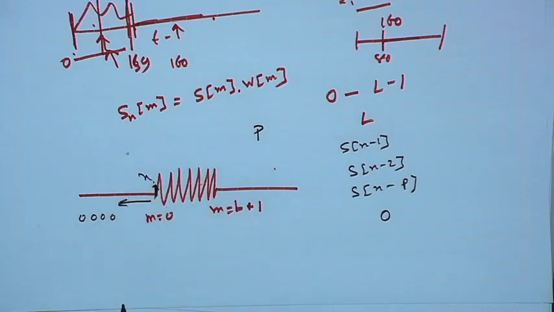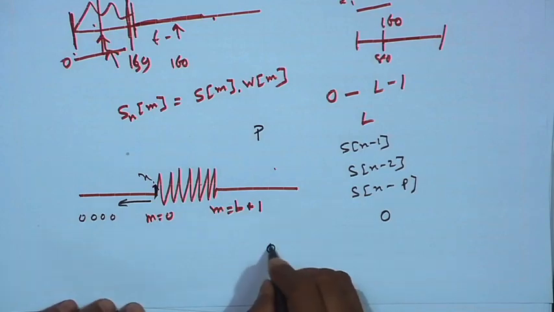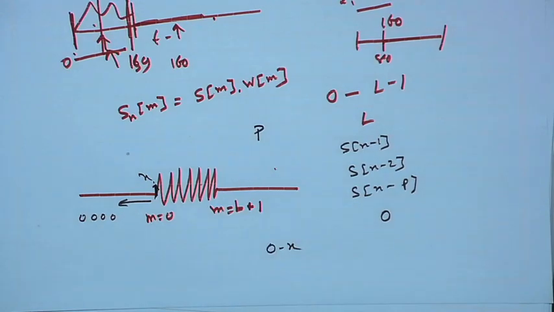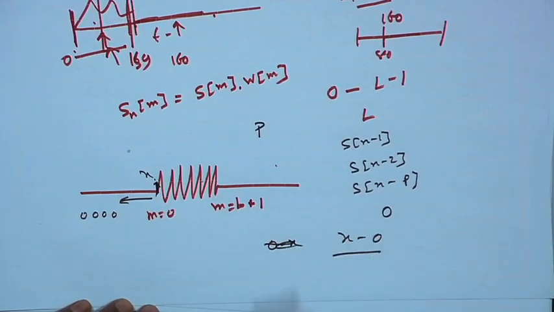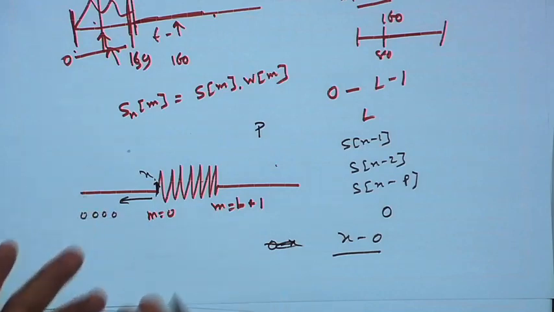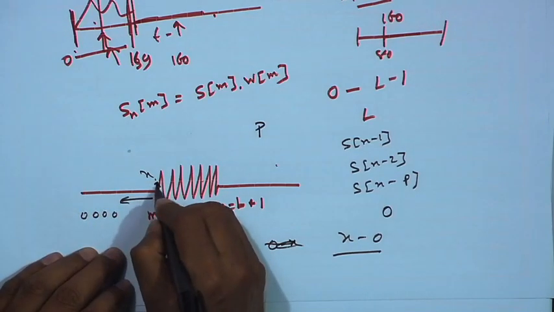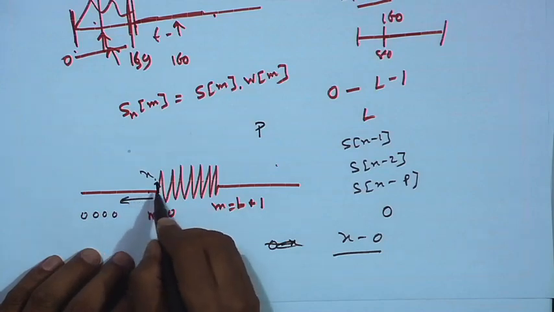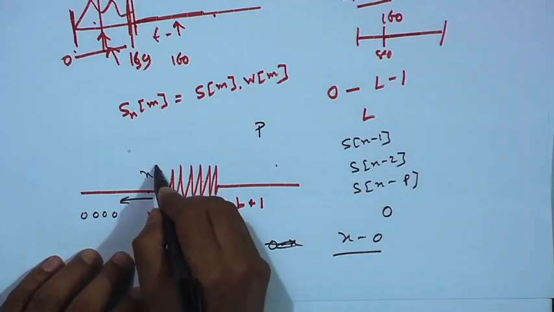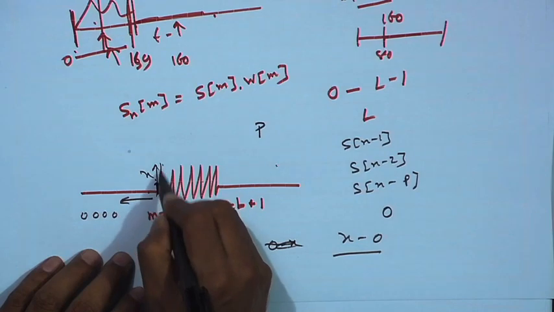So, what is the total error? x minus 0, there is nothing I can predict. So, the total sample itself is the error. So, I can say that at the beginning the prediction error will be maximum.